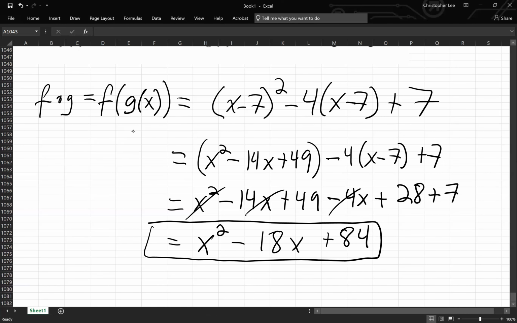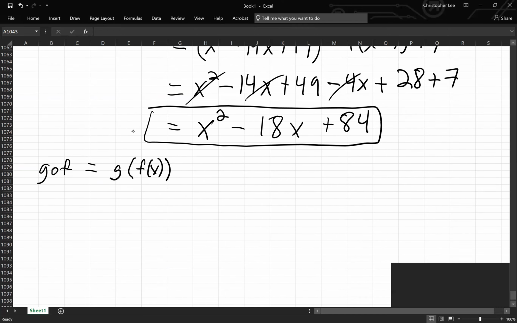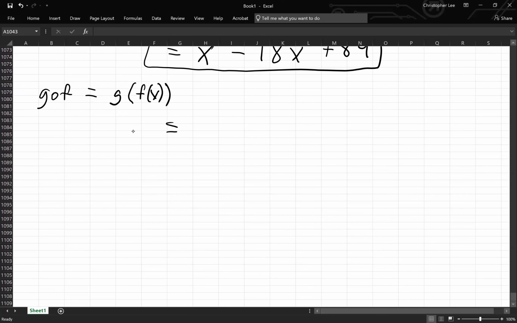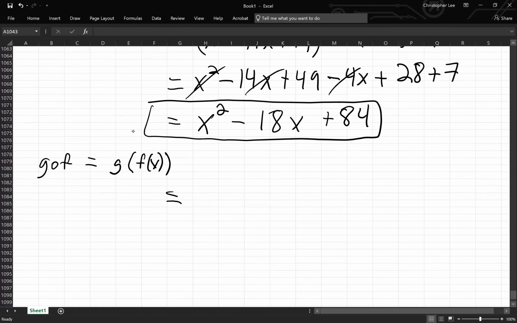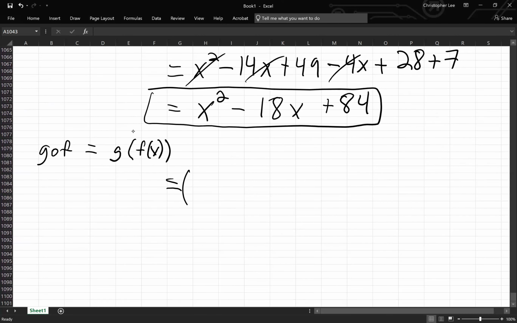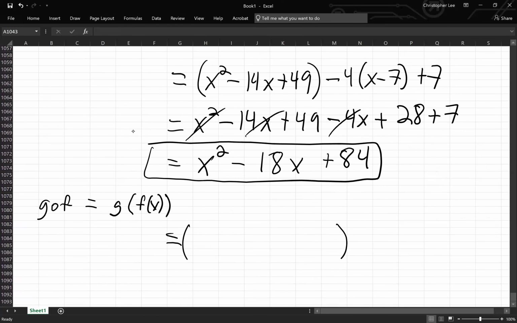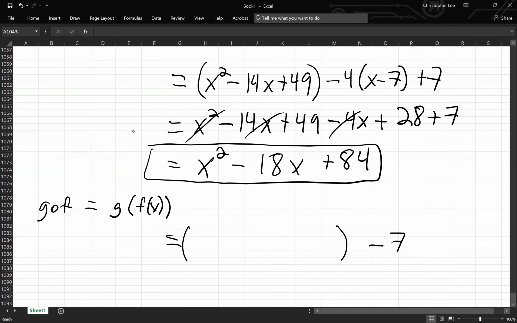Okay, let's do g of f. What that means literally is that this is g of f of x. So I'm literally taking f of x and plugging it in for x in g, right? That's what I'm doing. So what's g? x minus 7, right? So big parentheses, minus 7.